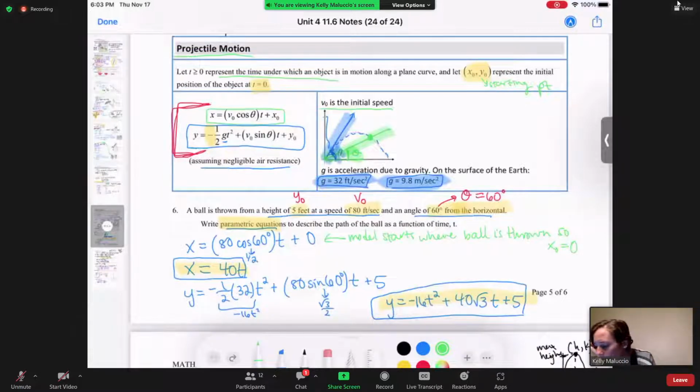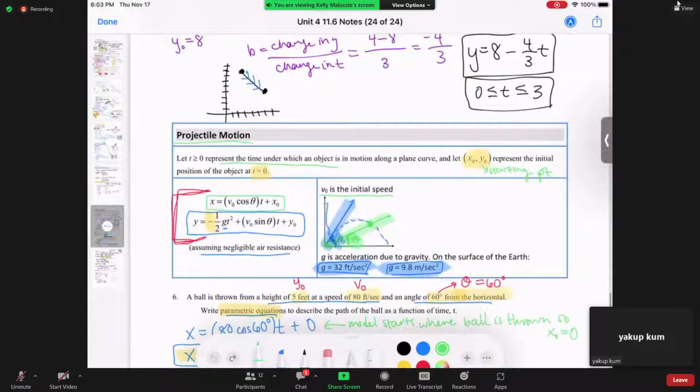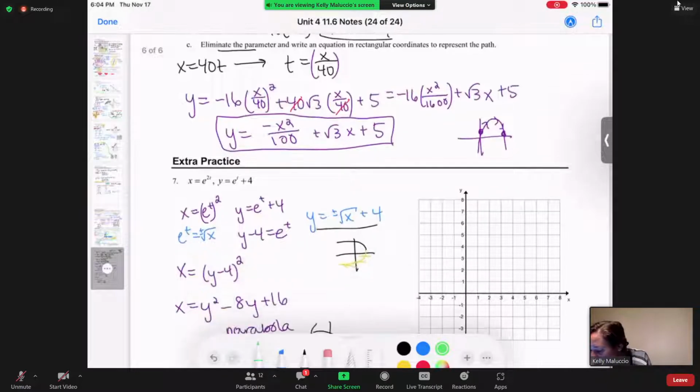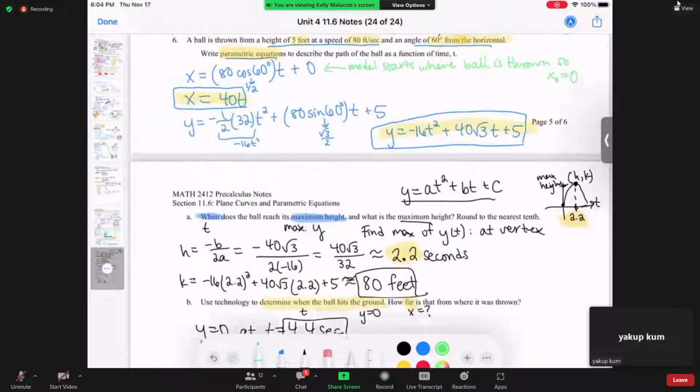X equals 7 cosine theta and y equals -7 sine theta. And it just said eliminate the parameter and write an equation in rectangular coordinates. So this is similar to question C, probably.